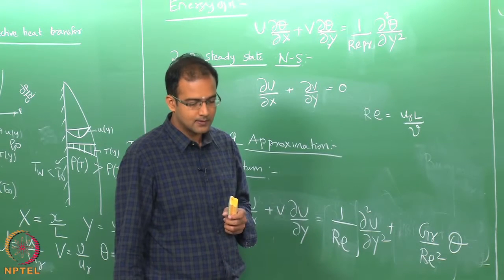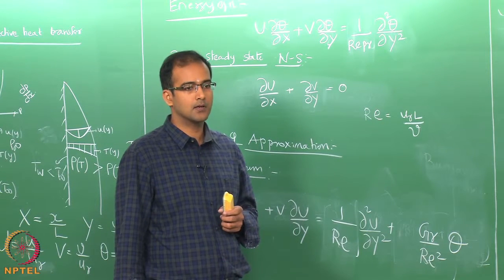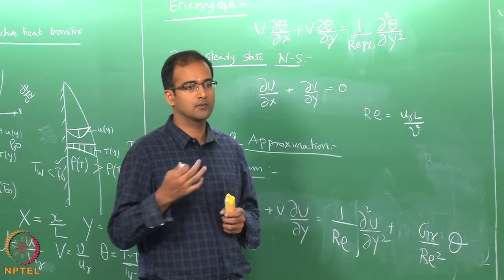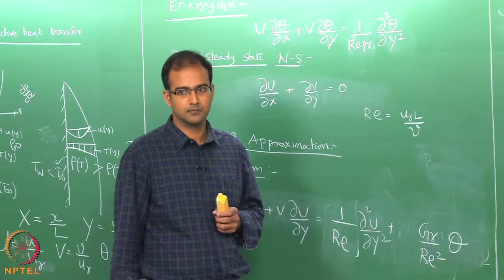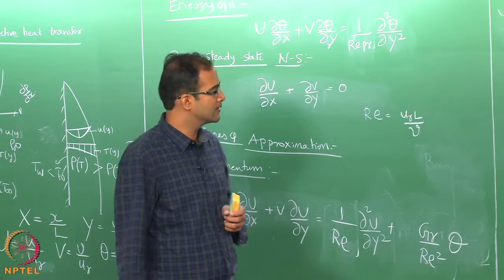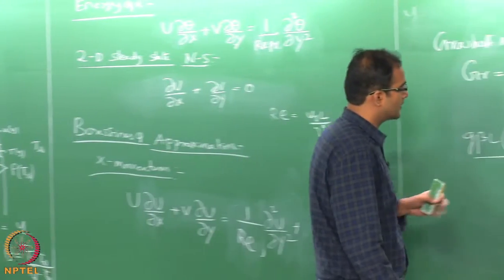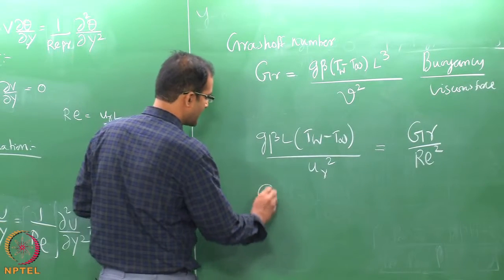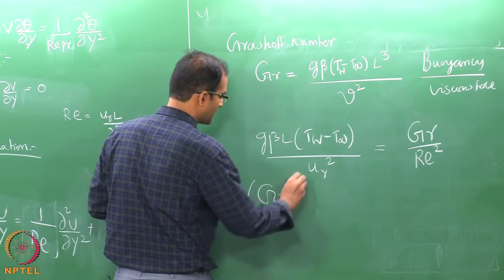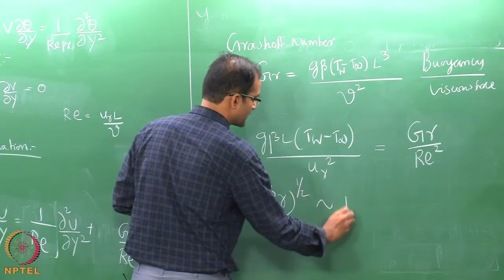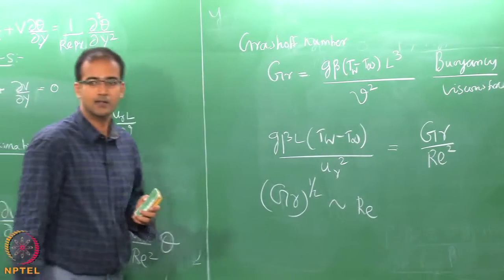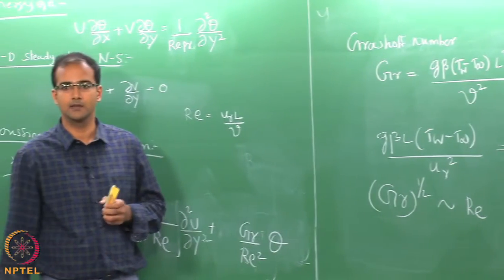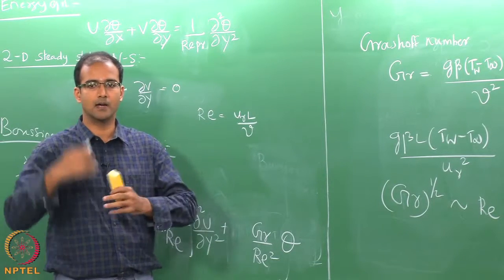Now, from this can we estimate the order of the reference velocity? What is the equivalence of Grashof and Reynolds number? You can say that Grashof number to the power half is of the same order as the Reynolds number, correct, because we have Gr by Re square.